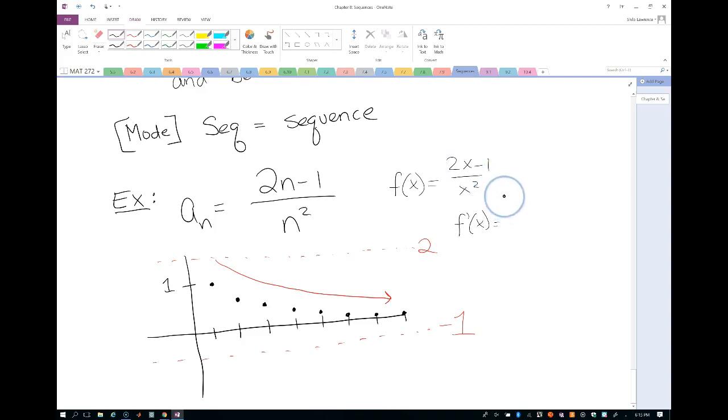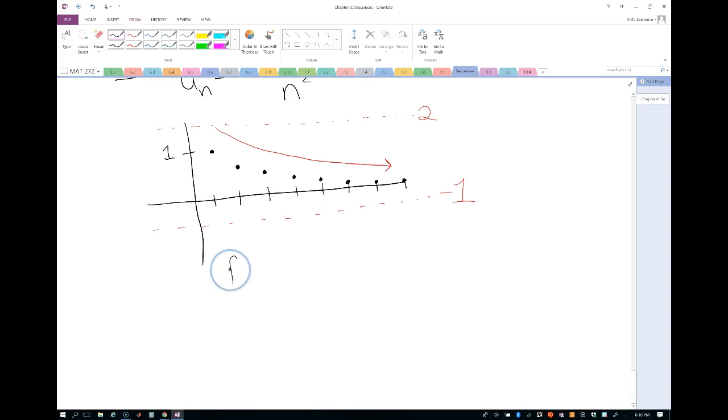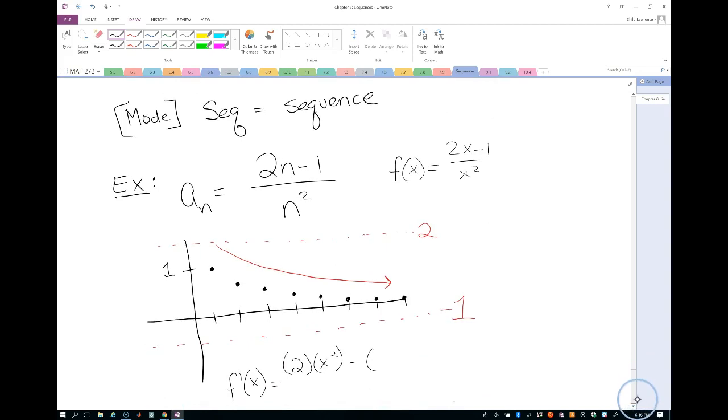So the quotient rule says start with the derivative of the top, and multiply that by the original bottom, minus the top times the derivative of the bottom. So 2x minus 1 times 2x, all over the bottom squared, which would be x to the 4th.